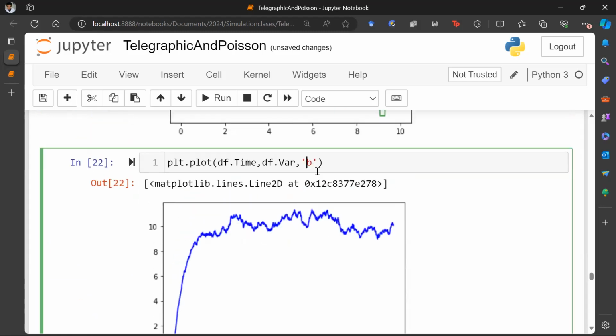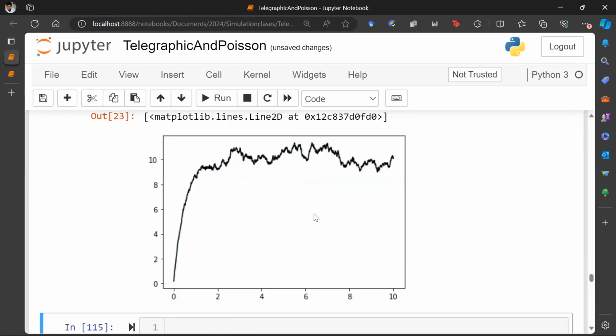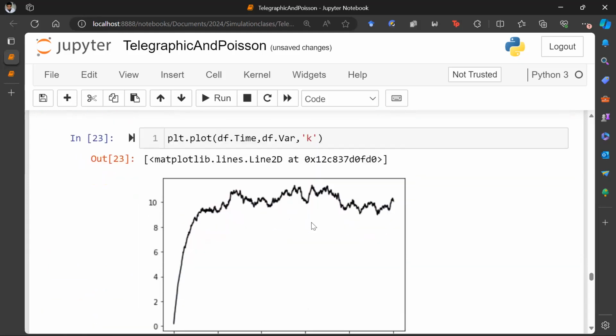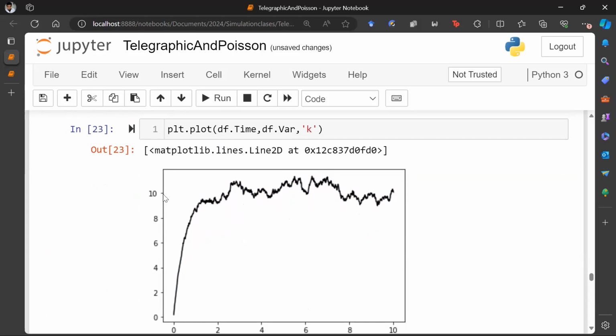So this is the variance over time. As you see, at a steady state, when you reach stationarity, the variance goes to 10, which is approximately the theoretical result.